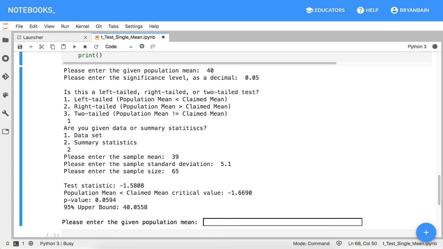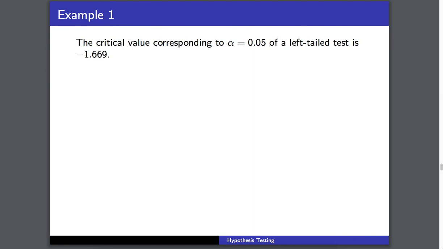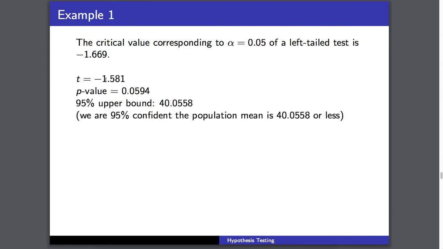So, in any event, our critical value and test statistic method, our p-value greater than the significance level, and our 95% upper bound of 40.0558, where the interpretation of that, again, is we are 95% confident that our true population mean is going to be 40.0558 miles per gallon or less.